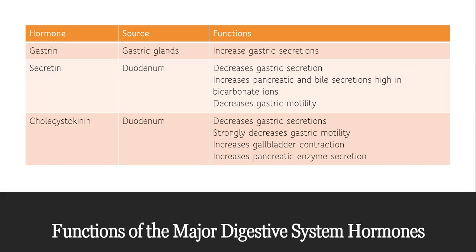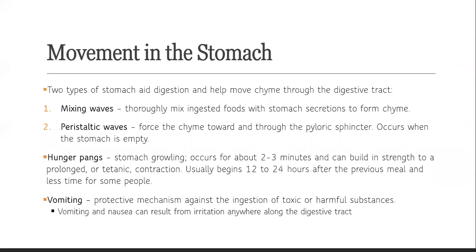And lastly, we have cholecystokinin, which is produced by the duodenum and decreases gastric secretion, strongly decreases gastric motility, increases gallbladder contraction, and increases pancreatic enzyme secretion.